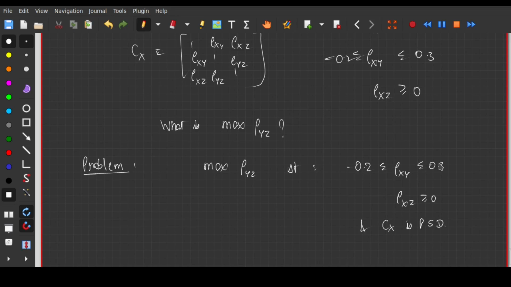Oh, sorry, minus 0.2 and 0.3. Less than or equal to 0.3. What else? Is greater than or equal to 0.